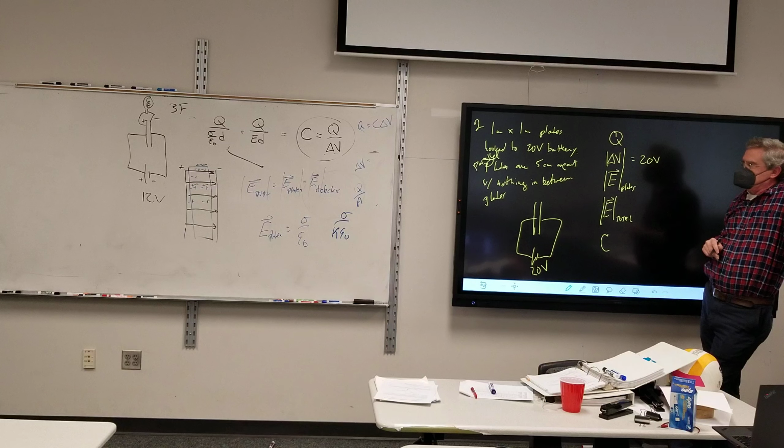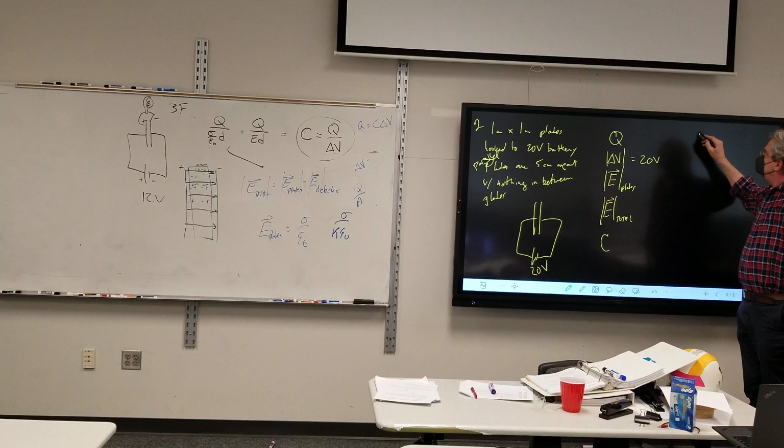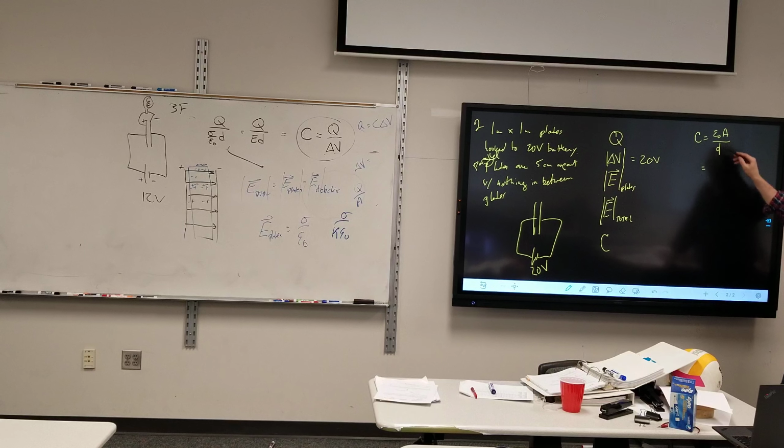My capacitance, it is a parallel plate capacitor, so my capacitance is epsilon naught A over D, which is 8.85 times 10 to the negative 12, times my area, which is 1 square meter, over D, which is 0.05 meters.